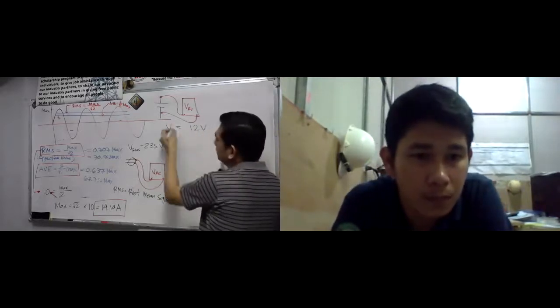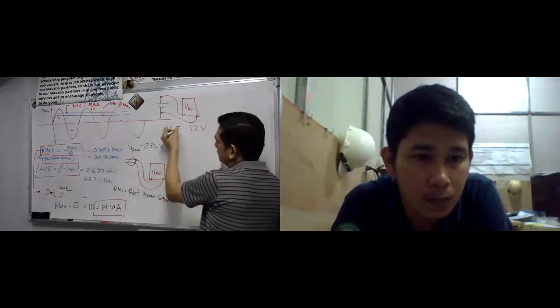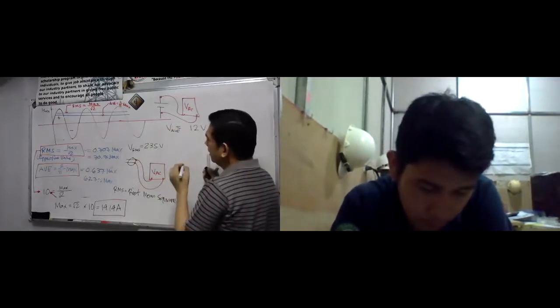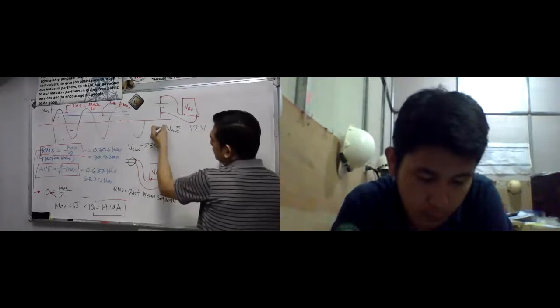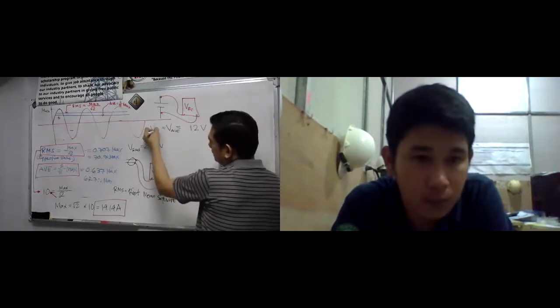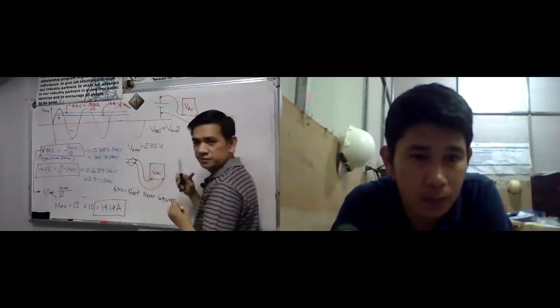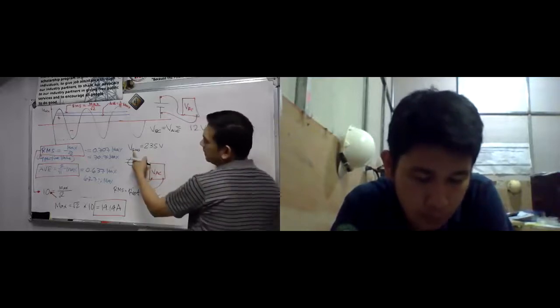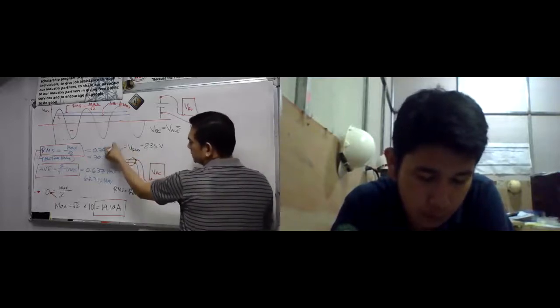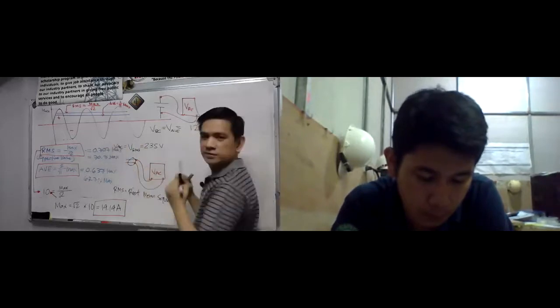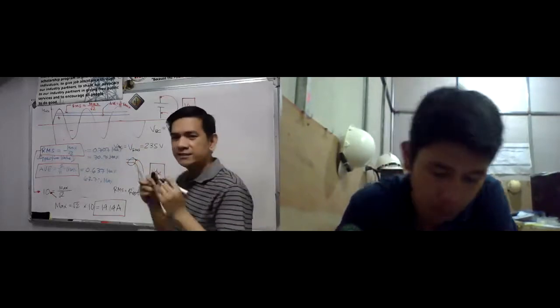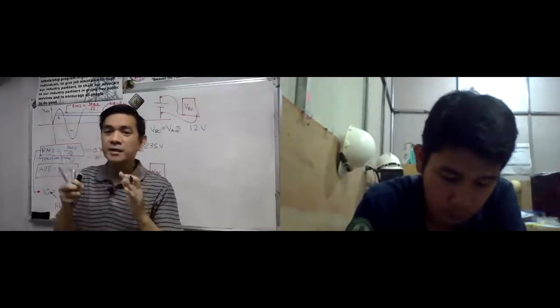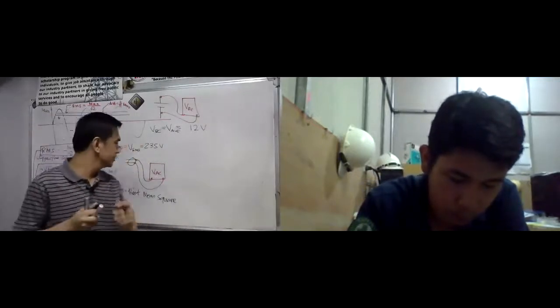That is actually the average value. Remember that the average value is also the same as the DC value. Please take note of that. And the RMS value is also known as the AC value. If we mean AC value, that is the RMS or the effective value.